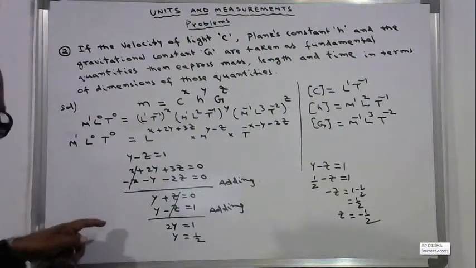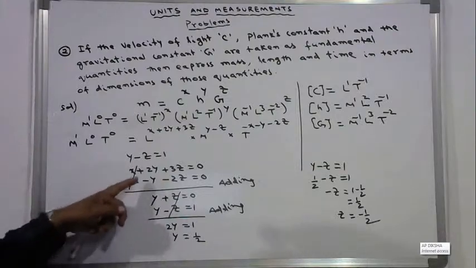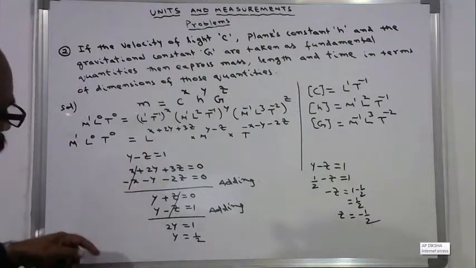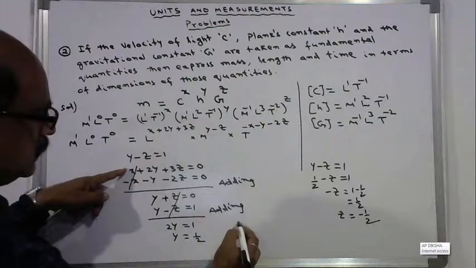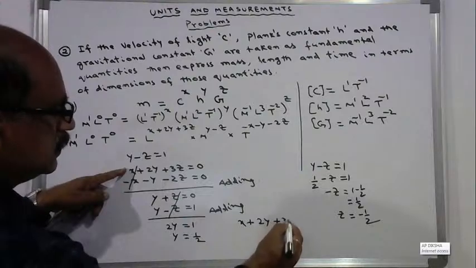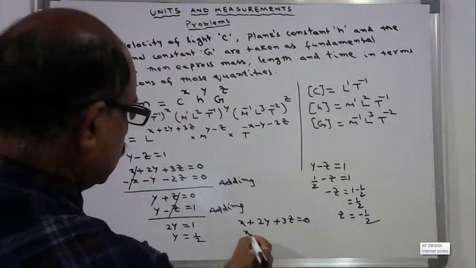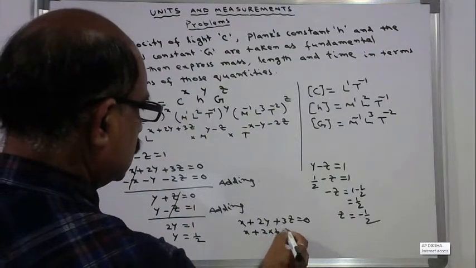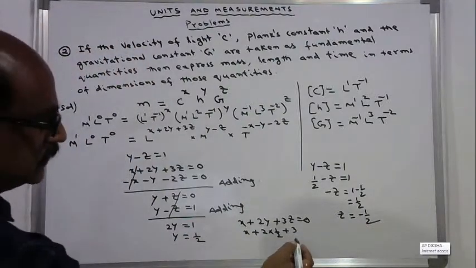And we have another equation. You substitute y and z here, for x we have to find. X plus 2y plus 3z is equal to 0. That is the formula. Now what we have to do? X plus 2 into, what is the value of y? Half, plus 3 into, what is the value of z?